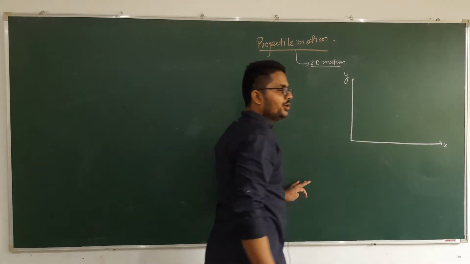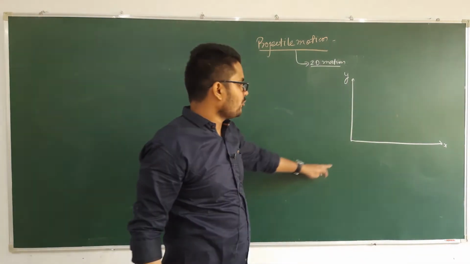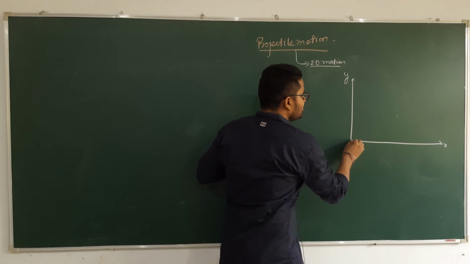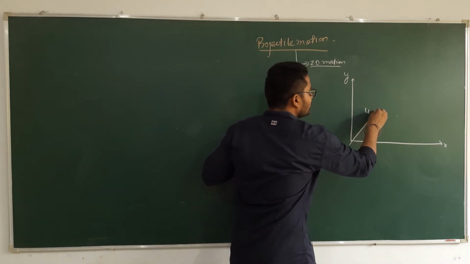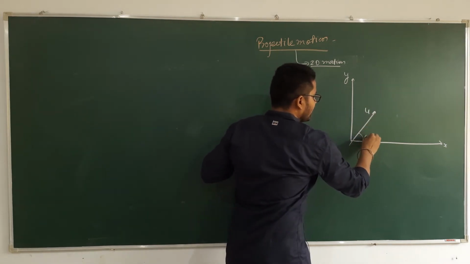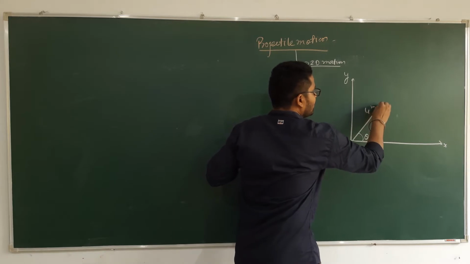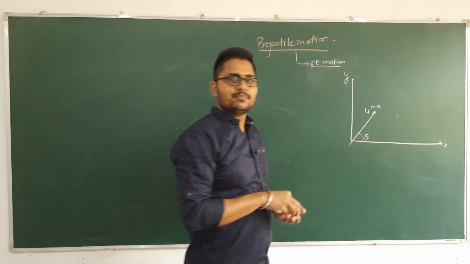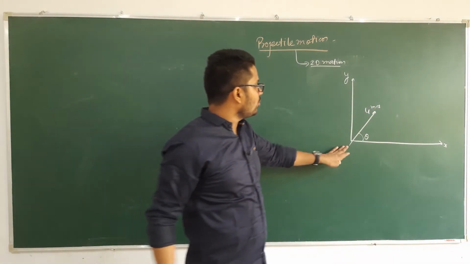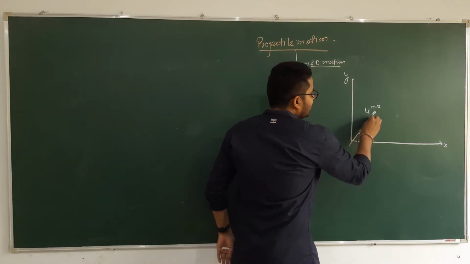If we throw a particle from the origin with velocity u at an angle theta, u meter per second, this particle will follow a curvilinear path.